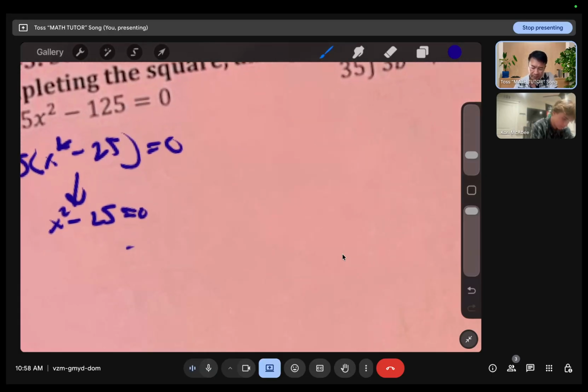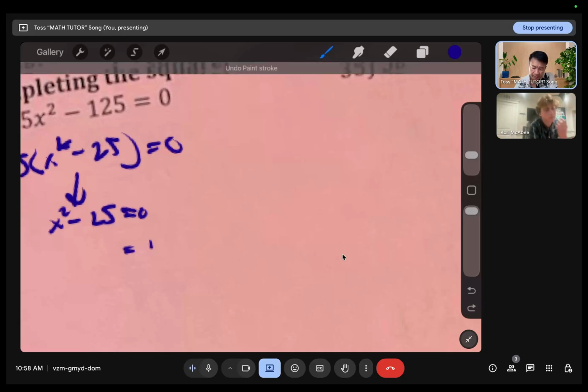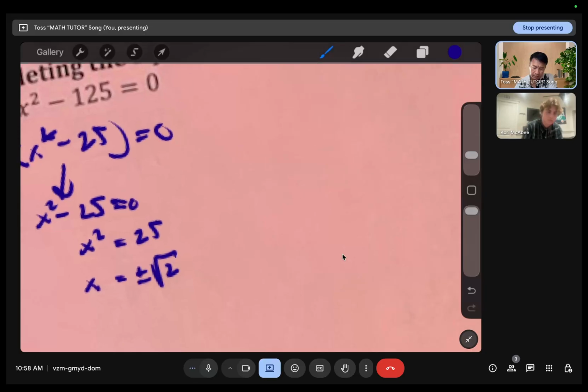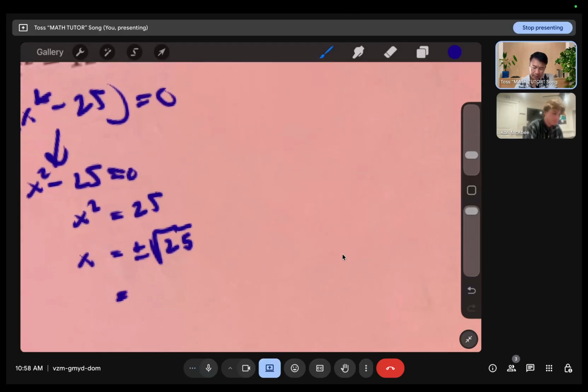You either do a plus or minus, but let me go ahead and add both sides by 25. I think this is kind of okay. I hope you're okay with this. Add both sides by 25 and then square root it, but you've got to do a plus or minus. Is that okay? Like that. Then your final answer, the two answers will be plus or minus, both of them. You could leave it in a plus or minus form. 5. Done.